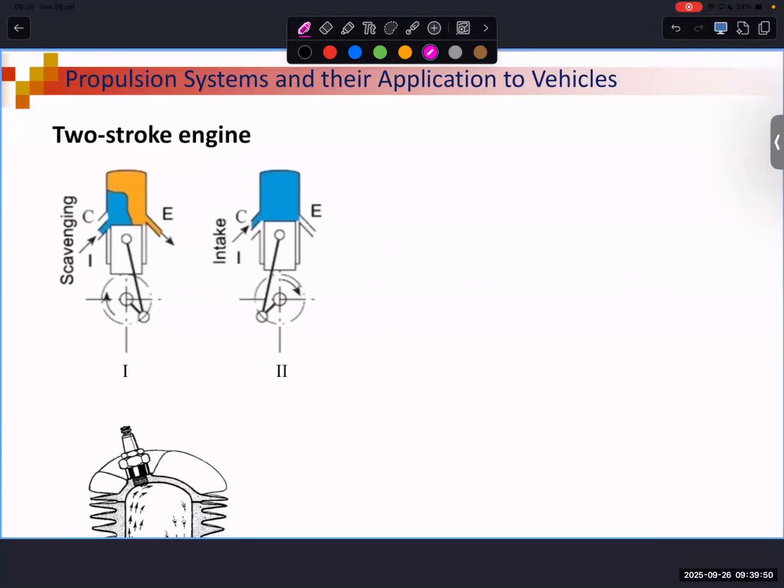What we can have on the intake side, we can distinguish two separate ports. One indicated as intake, and the other one indicated as charge. The port that is called charge is on the intake side.